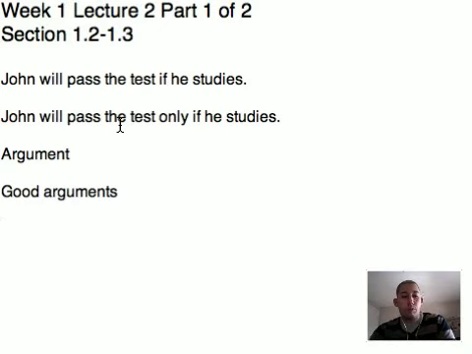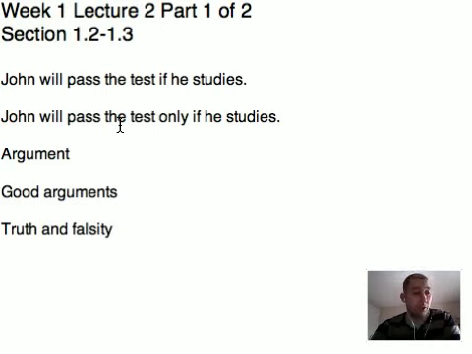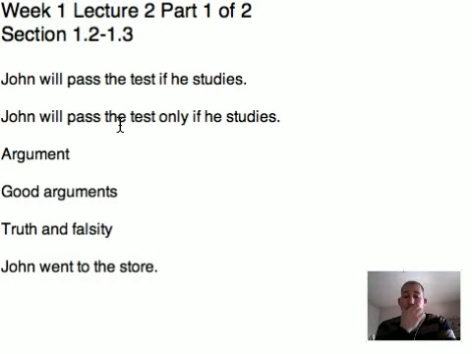There's this notion of truth and falsity, and truth and falsity are properties of particular kinds of sentences, namely declarative sentences. If I say something like, "John went to the store," this is a sentence that can be true or false. So truth and falsity is a property of the sentence.